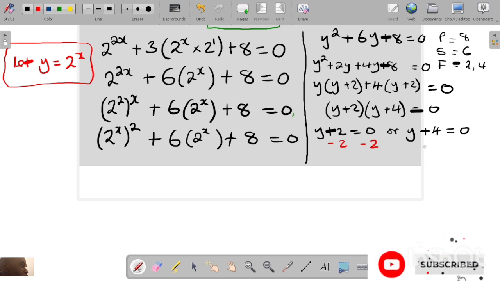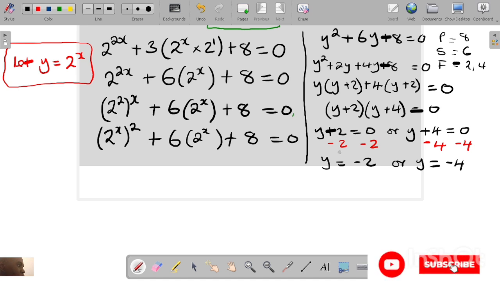So this is positive 4, we'll subtract a 4. So what we've done on the left, you also do on the right. Okay, so now what we are having is y is equal to negative 2, or y is equal to negative 4.